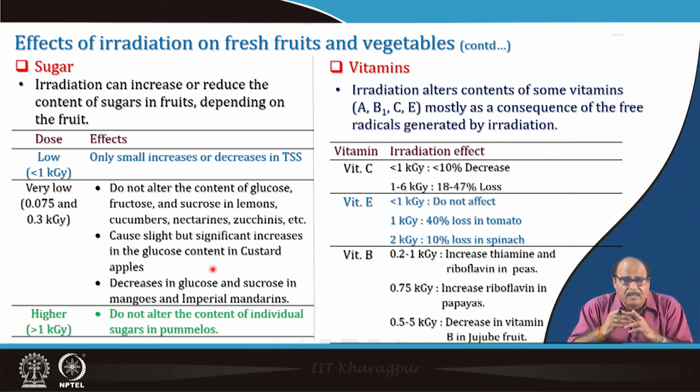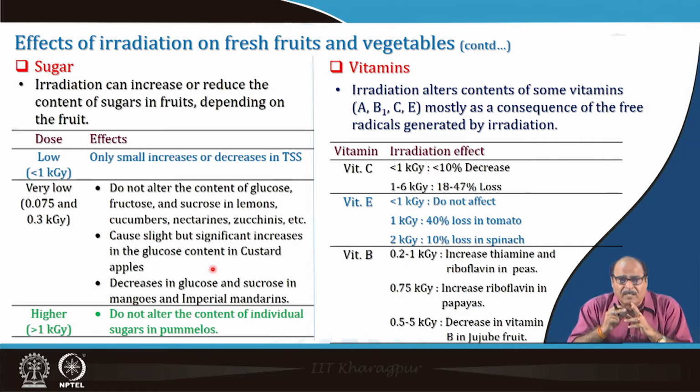Also they do not alter the content of glucose, fructose, etc. They cause slight but significant increases in the glucose content in custard apple. There are reported decreases in glucose and sucrose in mangoes and imperial mandarins under these very low doses.